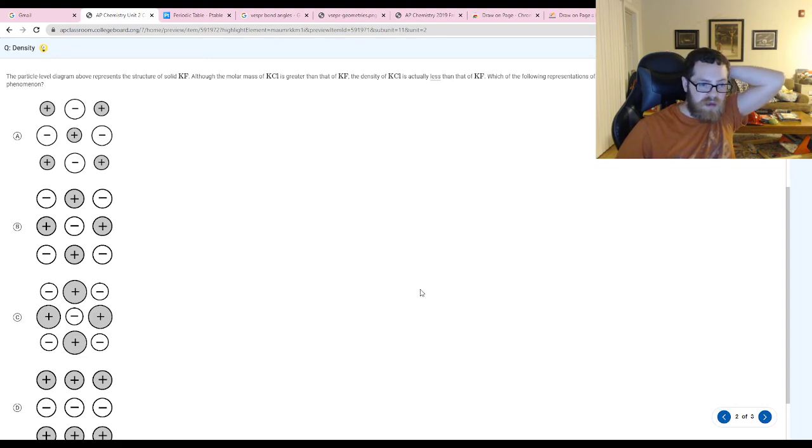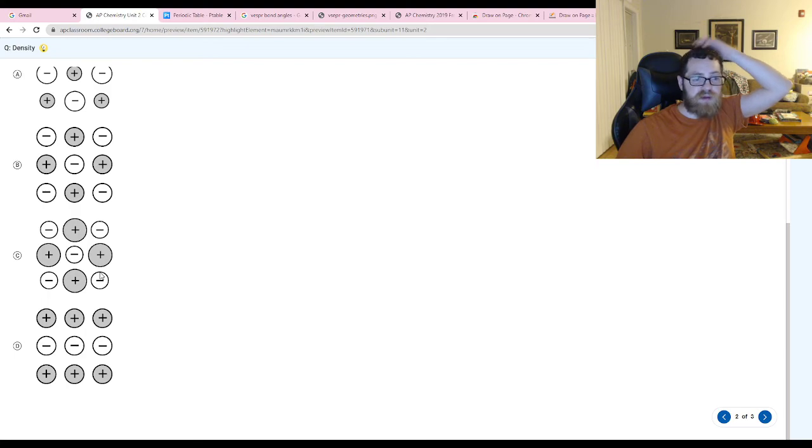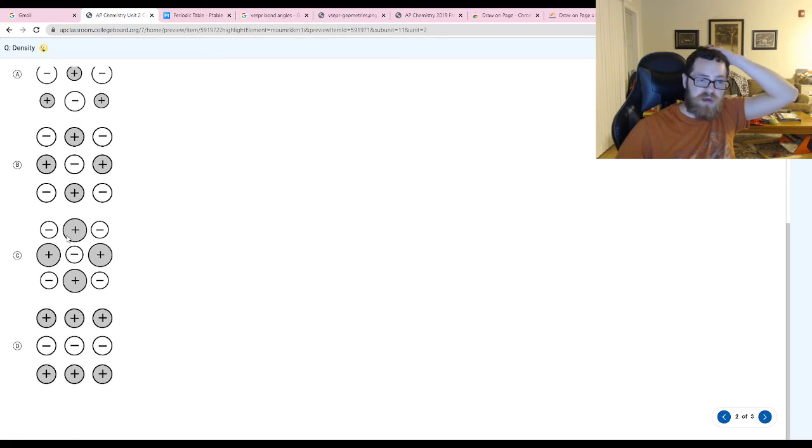So we can look and we can see we're looking for something similar to this. And the best explanation for this is actually that our positive ions here are bigger. Density is all about mass per volume. If the atoms are physically bigger but don't have that much more mass, then they're going to be taking up more space but not having enough mass to account for that.